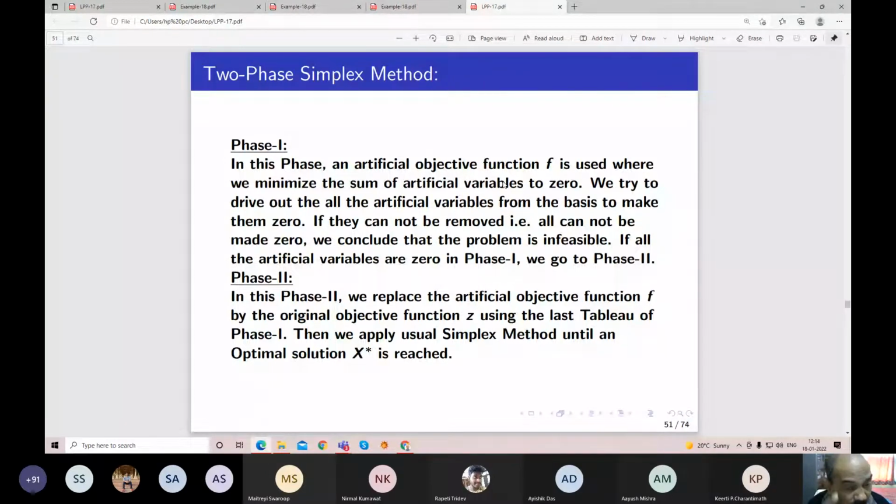In case you have equality type constraints, there is an option also. You can make two inequalities from one equation, one less than or equal type and one greater than or equal type. That will also serve the purpose, but it will be lengthier.